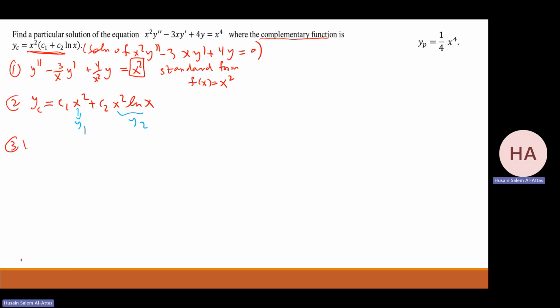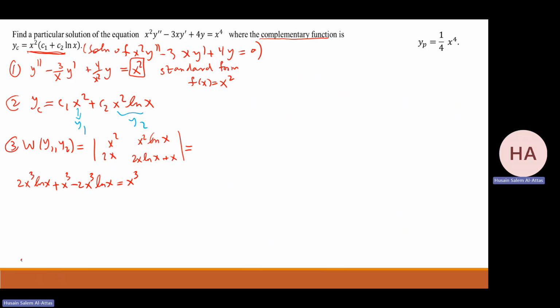Three, find W, y1, y2. That will be x squared, x squared ln x, 2x, and 2x ln x plus x, product of two functions. That gives me 2x cubed ln x plus x cubed minus 2x cubed ln x, which gives me x cubed.